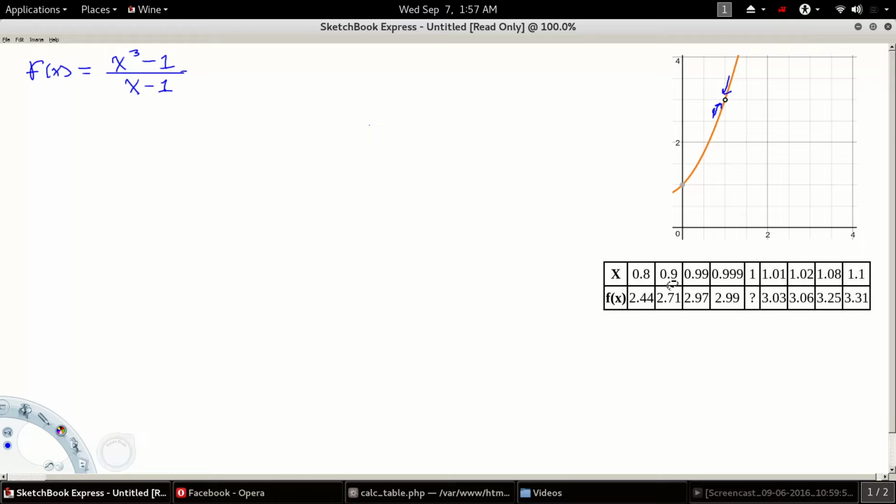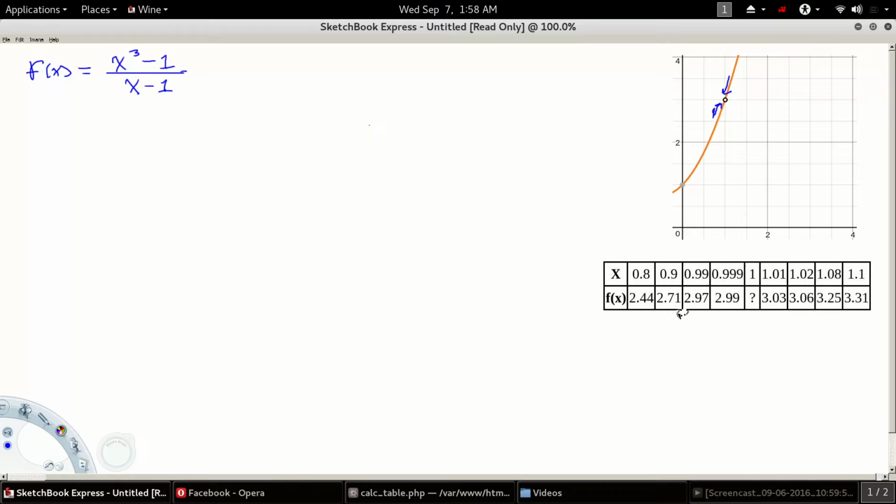These values are smaller than 1, and these values are bigger than 1, so we're going into that point from the left, small to large, and from the right, large to small.